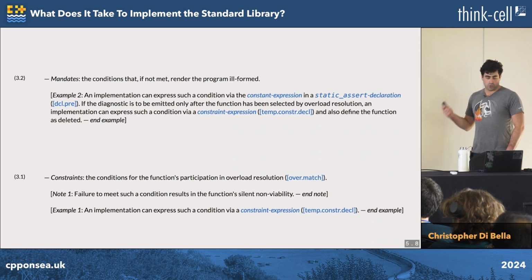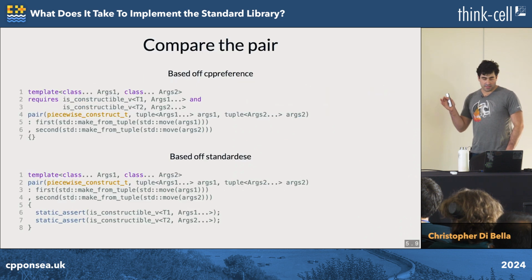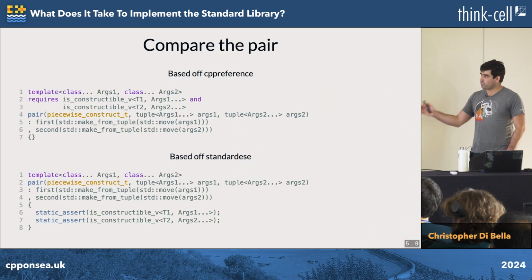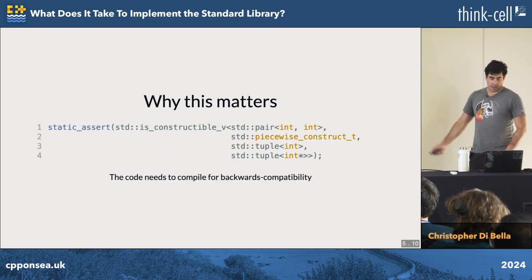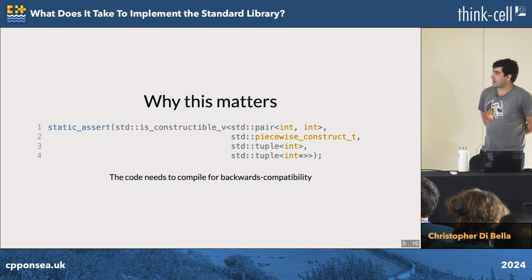And so because the standard says Mandates and cppreference doesn't, that means that based on which document you've read, you may implement this piecewise constructor slightly differently. And that is a problem because certain programs are required to compile even if they produce the wrong result.